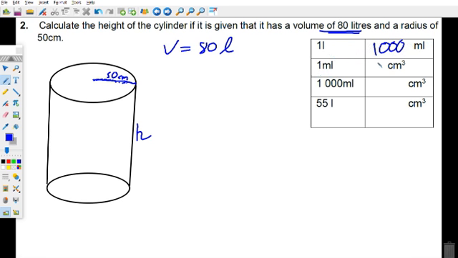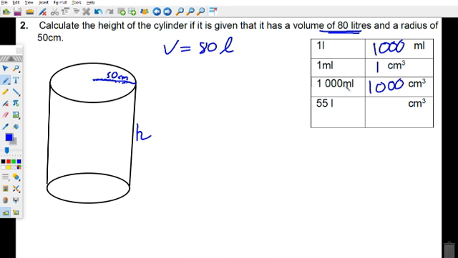It's a 1-to-1, exactly. So how many centimeters cubed are there in 1,000 milliliters? 1,000 centimeters cubed. How many centimeters cubed do you think is in 55 liters?